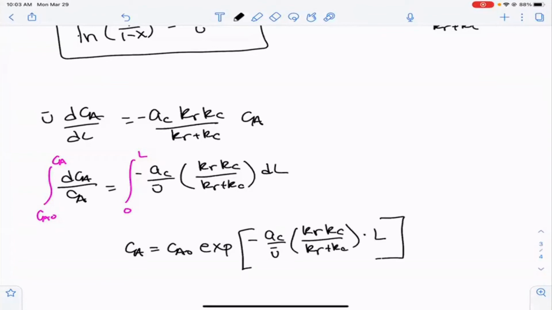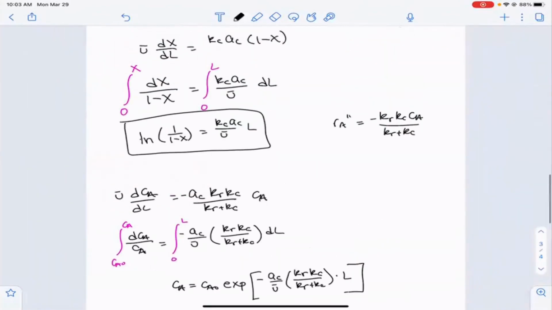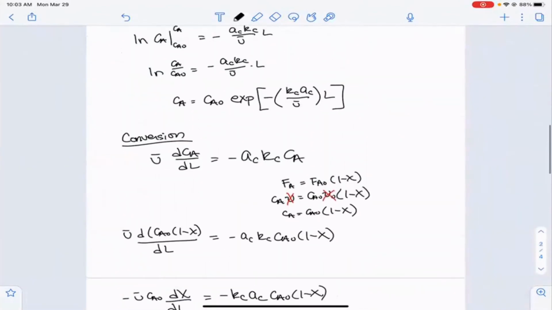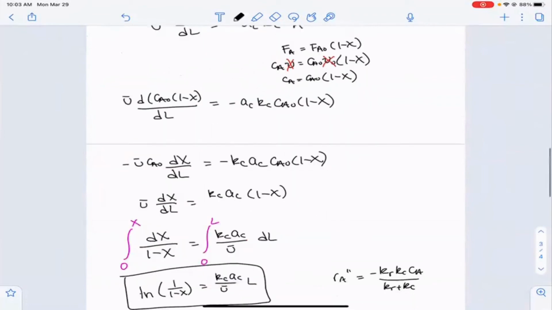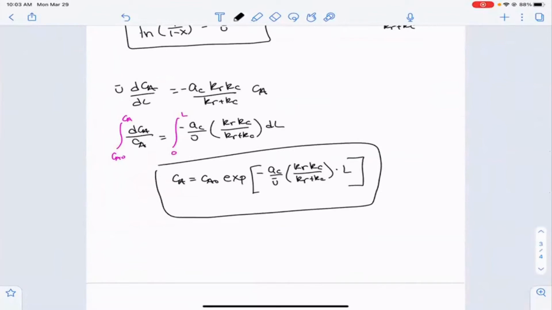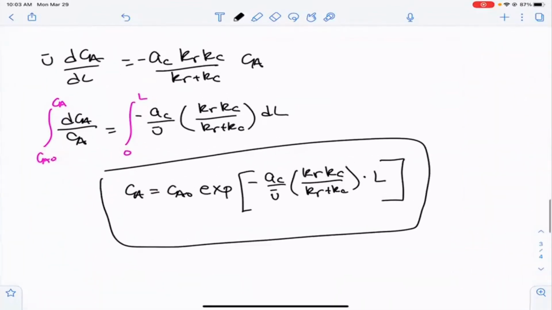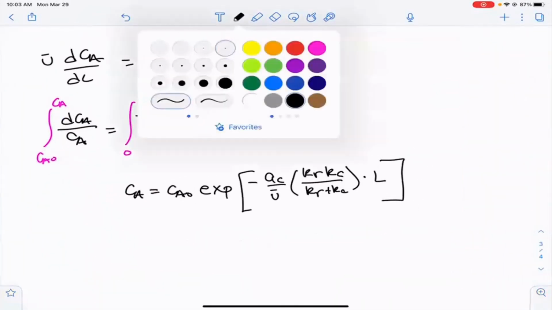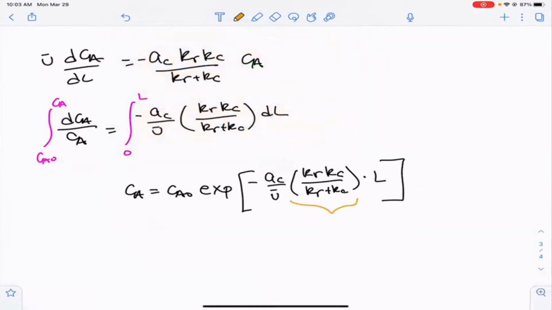This is identical to what we had just a moment ago, except now we have all of the coefficients here. We don't just have KC. That functional form looks very, very similar to what we've done before, and the only thing that's different is that this bit here is slightly more complicated.